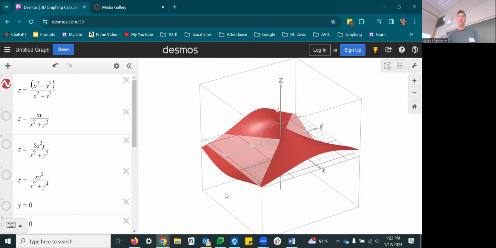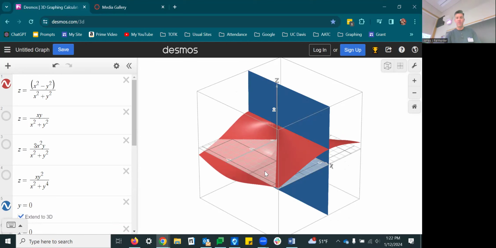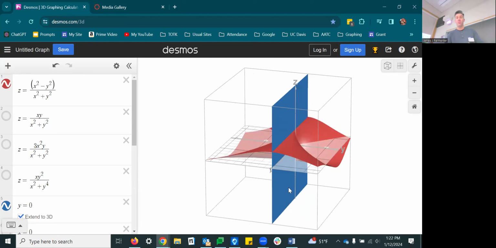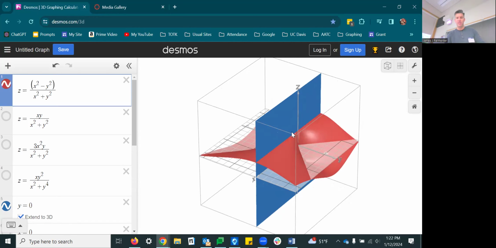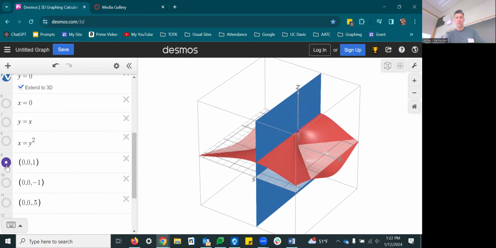And if you want to actually see what's going on there, well, let's actually look at our paths. So our first path was y equal to 0. And if you look at where the red surface is intersecting the blue plane, that is the path that you're approaching the origin along. So along this path, that path is really just some constant value. In fact, that path is the constant value of 1.